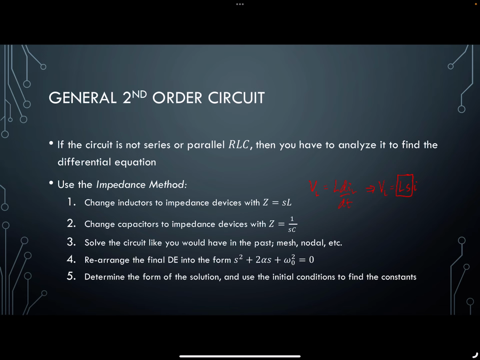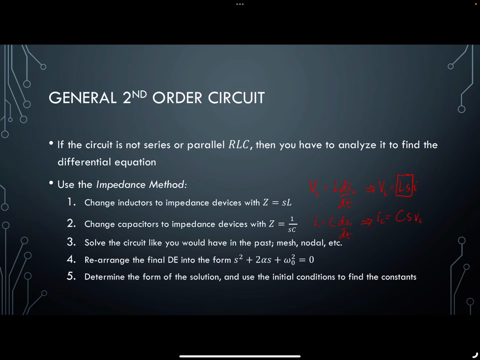If you do the same thing for a capacitor, you start with the relation that IC equals C dVC dt. Then that tells you that IC equals C times S VC, where S is the derivative.